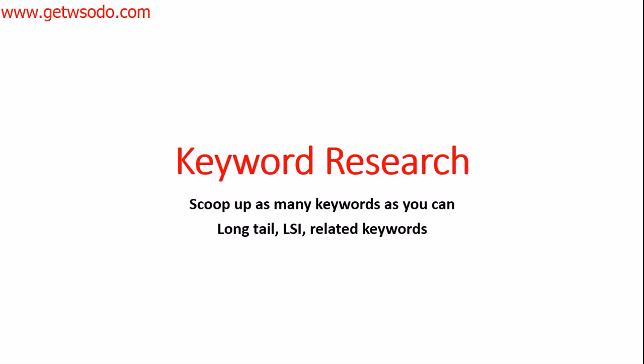Or basement flooded. Okay. So we want to scoop up as many keywords as we can to include in our content in the website, because the chances of our website showing up for those keywords would be higher, because most of the websites out there may not really scoop up all the keywords, right? So we want to make sure our chances of coming up and ranking for these long tail keywords are a lot more.